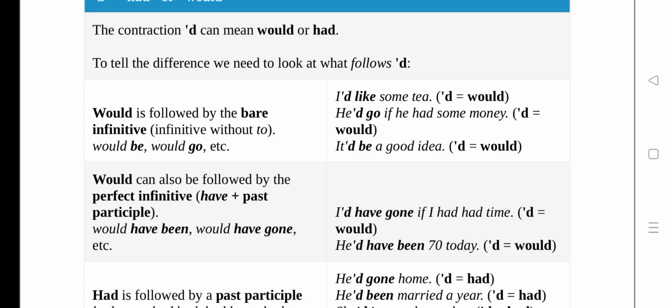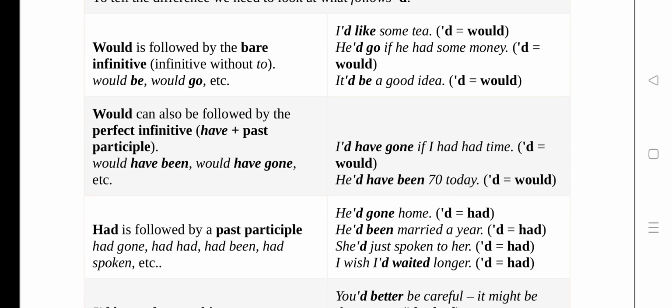He'd go if he had some money. He would go if he had some money. It'd be a good idea. So look at the form or context of the sentence. So we will use would in these contractions. Would can be followed by the perfect infinitive, have plus past participle: would have been.